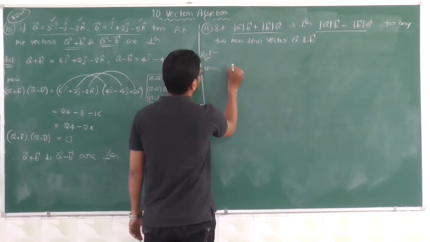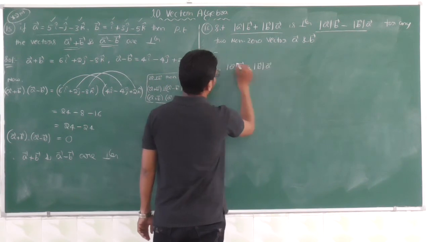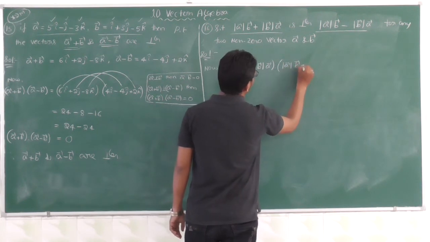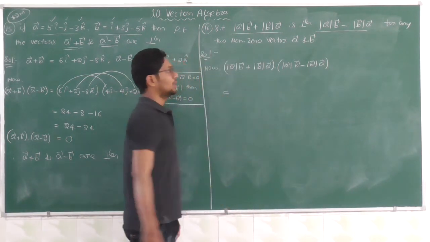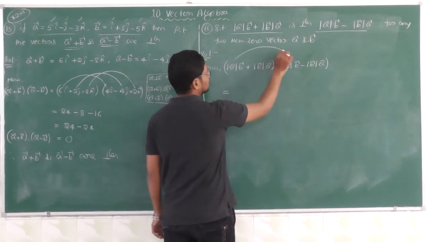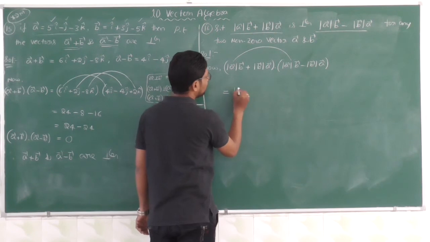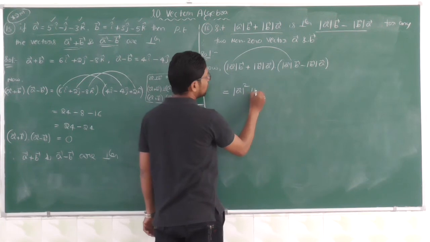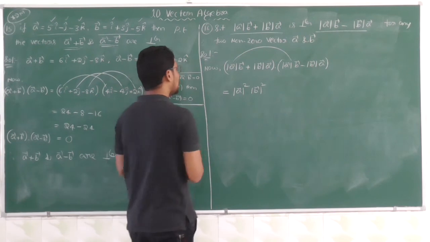Now, magnitude of A plus magnitude of B dot magnitude of A minus magnitude of B, that is equal to, you just find the dot product of these two vectors. A dot A is magnitude of A square. Next, B dot B is magnitude of B square.